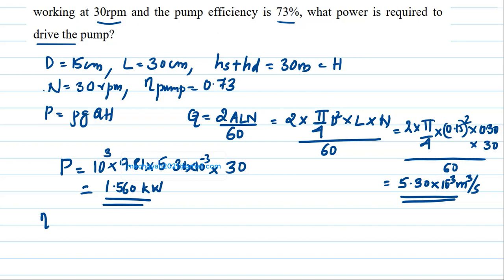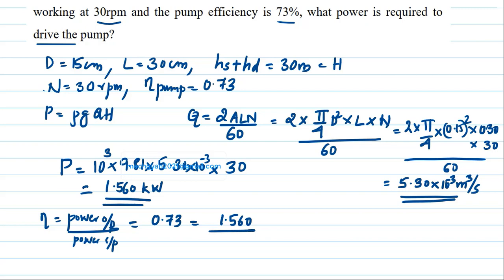So efficiency is basically power output by power input, so that is equal to 0.73, which is equal to 1.560 by power input.